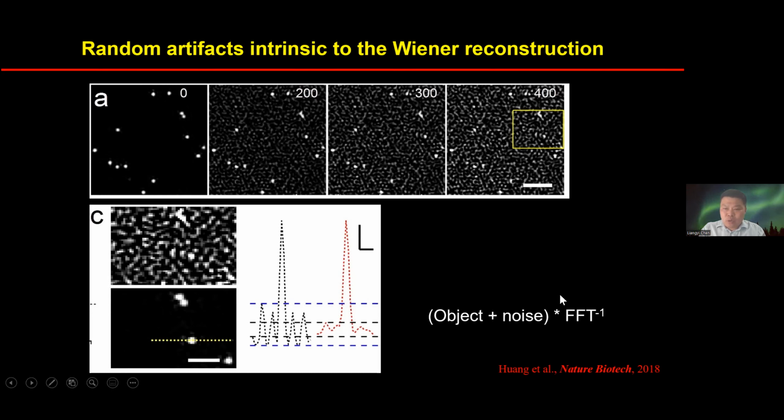They are also being inverse Fourier transformed, and are amplified because you are dividing by a very small number. And in situations where you have fewer photons and a much lower signal-to-noise ratio, this noise will also be amplified, and this is intrinsic to structured illumination microscopy. So intrinsically, it is prone to artifacts.